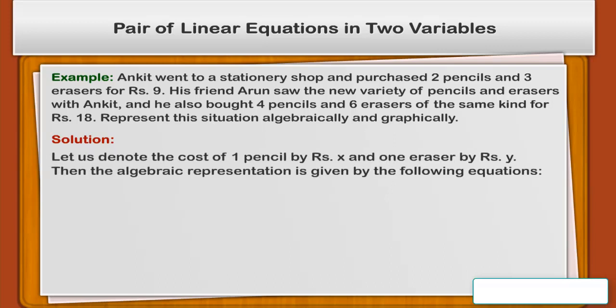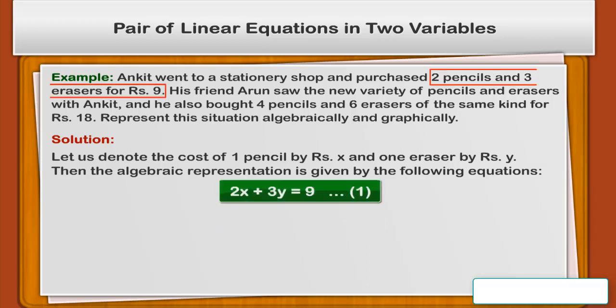Let us denote the cost of 1 pencil by ₹x and 1 eraser by ₹y. Then, the algebraic representation is given by the following equations. 2x + 3y = 9.